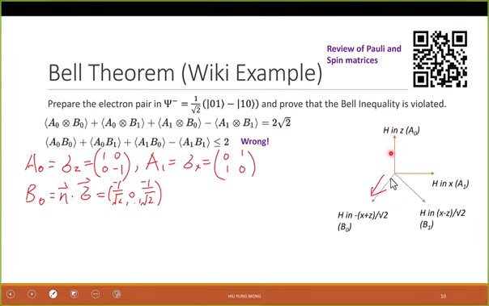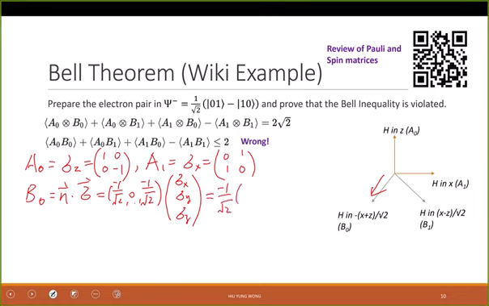This is x, this is z, so this is negative x plus negative z. Make sense? And what is the sigma vector? Do you remember? Sigma x, sigma y, sigma z. So you do the dot product, and what you get is 1 over square root 2 times negative sigma x plus sigma z.